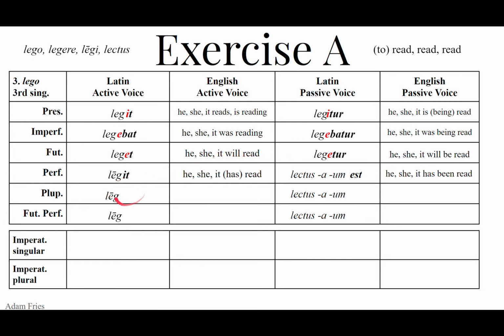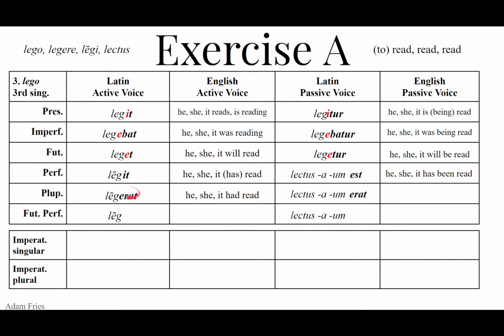The pluperfect active uses the endings eram, eras, erat, eramus, eratis, erant. We want erat because it's third person singular. Lēgerat: he, she, it had read. The passive, lectus erat, the imperfect of sum as the helping verb.